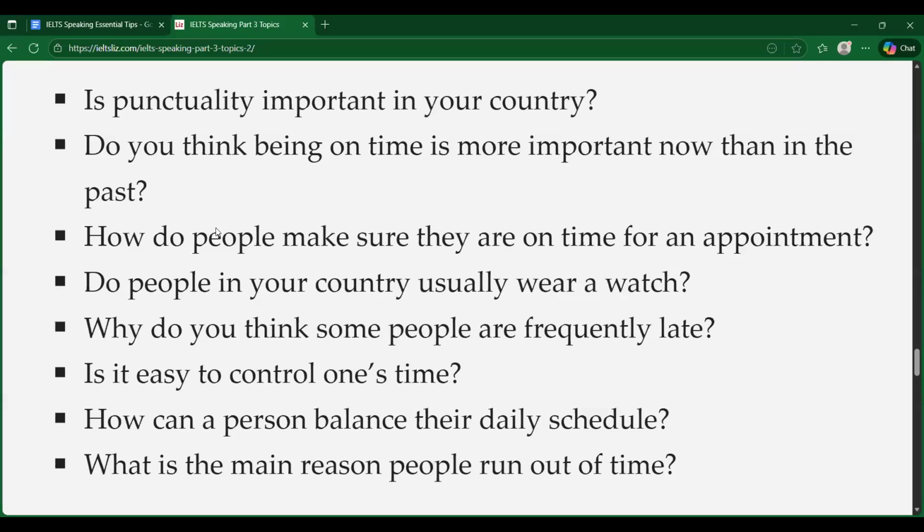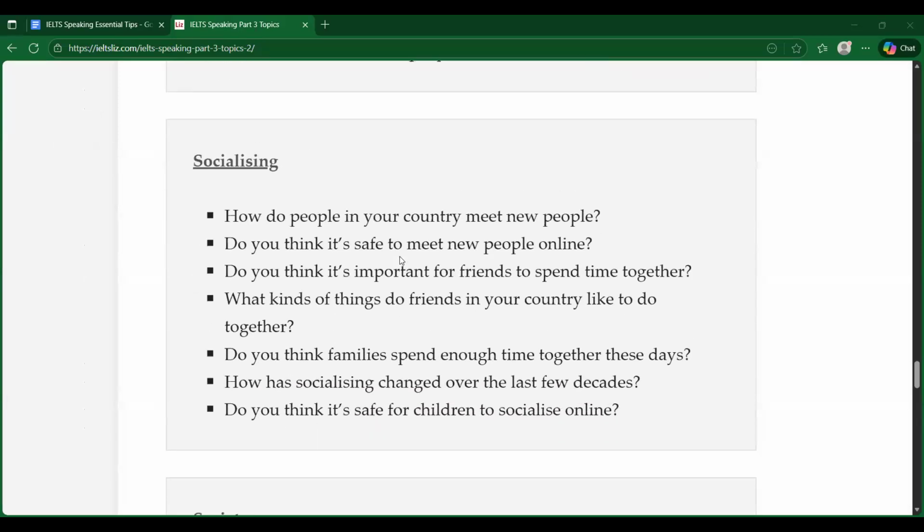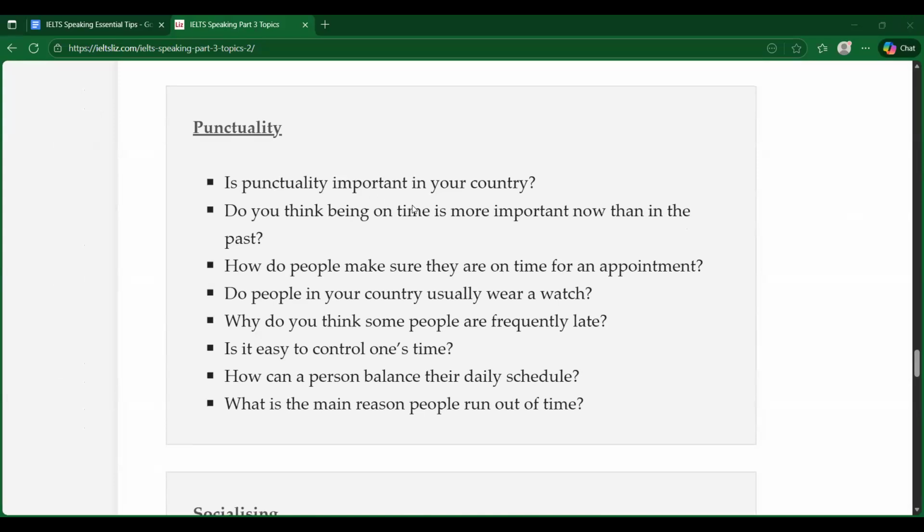So let's talk about some other common topics that can be asked in part 3. These were the templates I was asking the questions from. Like I asked about punctuality, and these are the questions that can be asked related to that specific topic. But the questions would be 4 to 5, depending upon your ability to answer them.